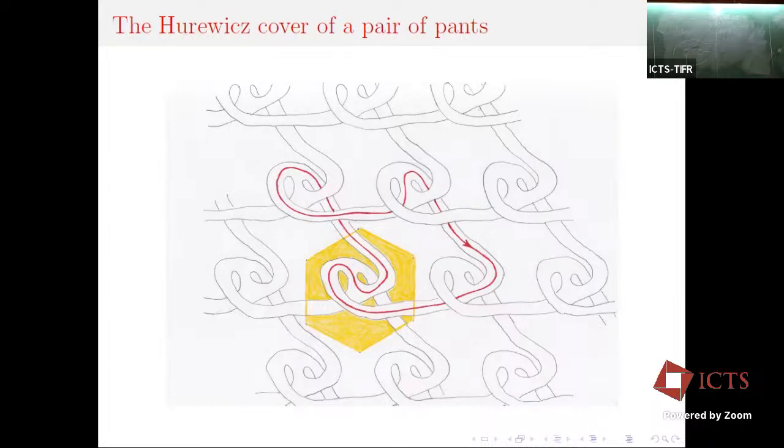This is somehow similar to graphene, right? Because now you're going to have layers of these, in various dimensions, so you're going to have copies of pairs of pants. Let me just continue. Maybe you can get rid of the screen now, please.